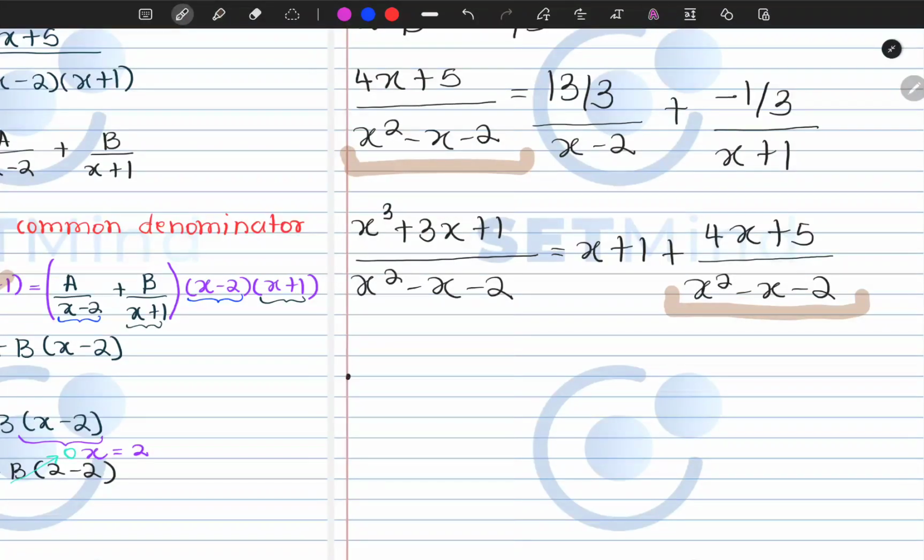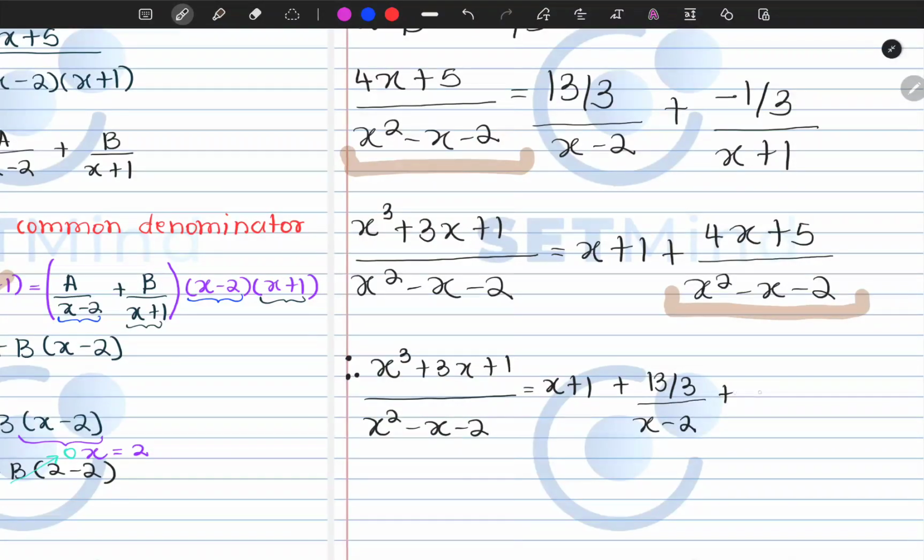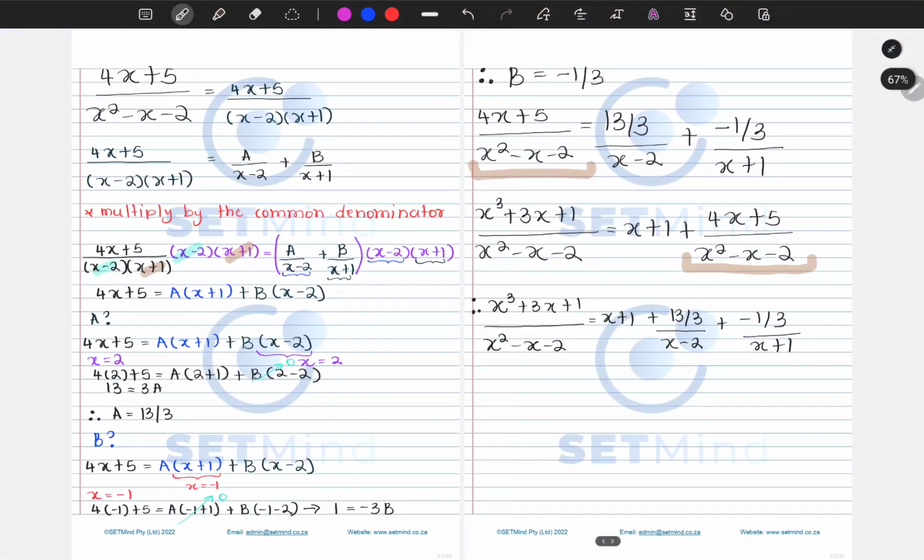So this means that our answer of what we're given, x cubed plus 3x plus 1 all divided by x squared minus x minus 2, is simply x plus 1 plus 13 over 3 divided by x minus 2 plus negative 1 over 3 divided by x plus 1. This is the answer which they are expecting from us of such a question.